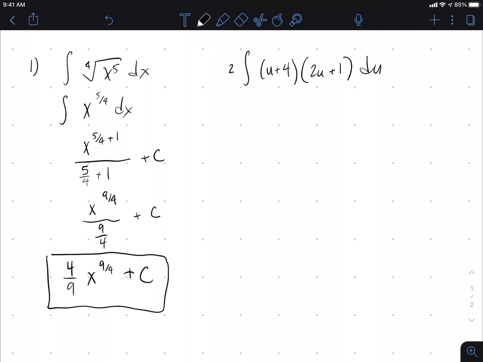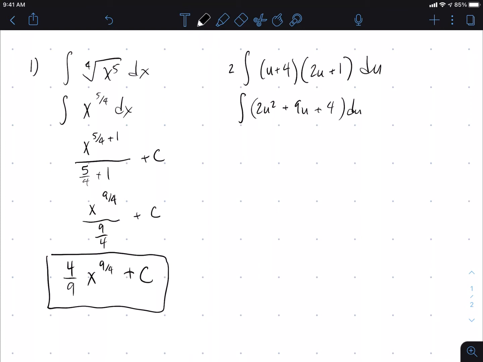Oh, I haven't gotten to that yet. I'll talk about u-sub in a bit. Okay, so I'm just choosing a different variable. That's all this is. So to expand this, I'm going to get 2u squared plus 9u plus 4 du. Does everyone agree with that?